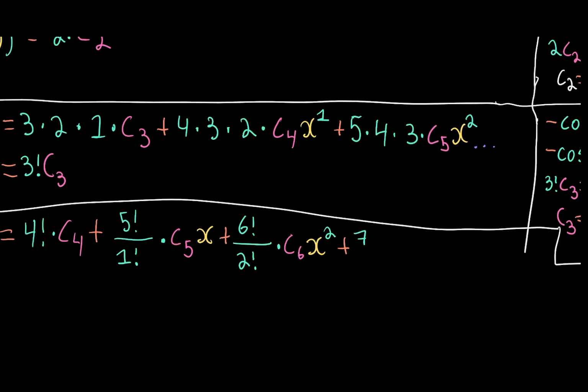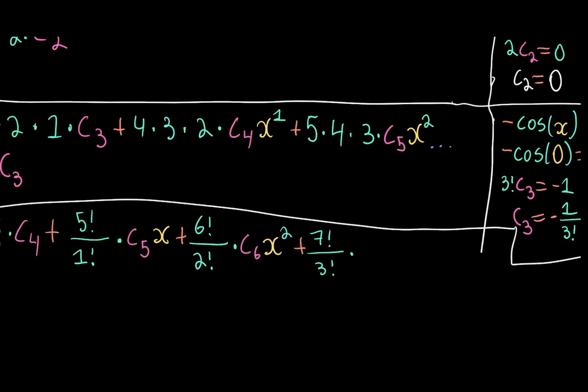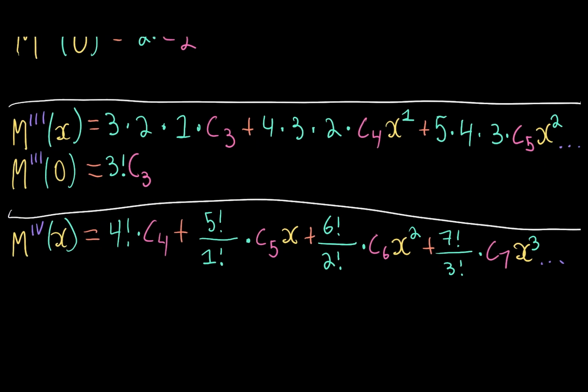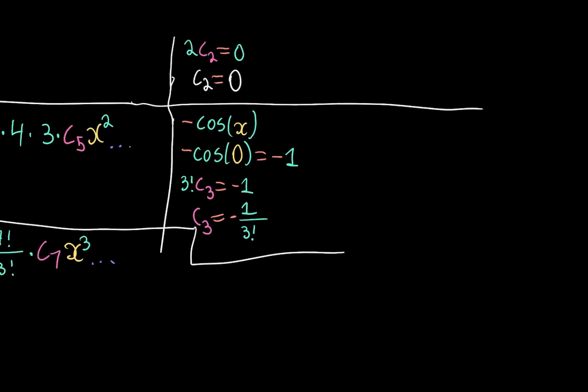This becomes 7 factorial over 3 factorial times C7, sorry, x to the power of 3. And then triple dots.